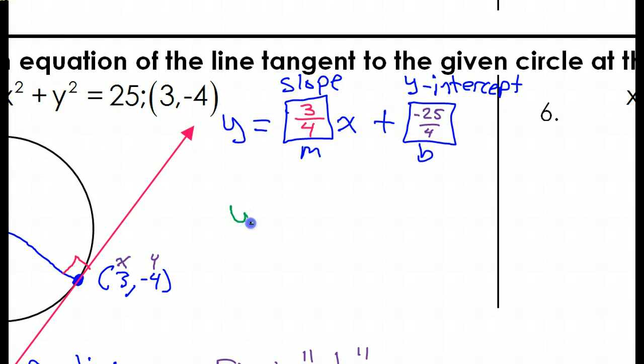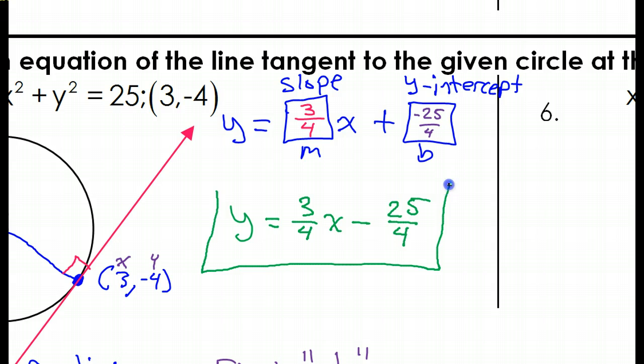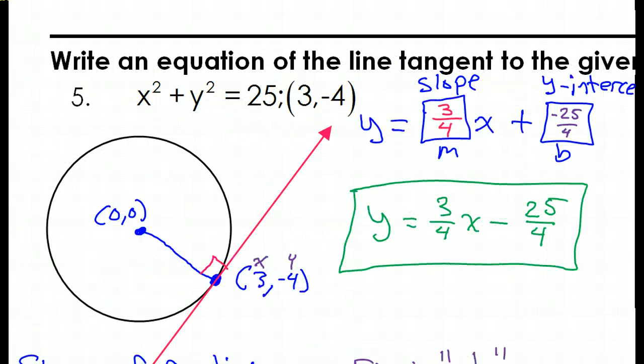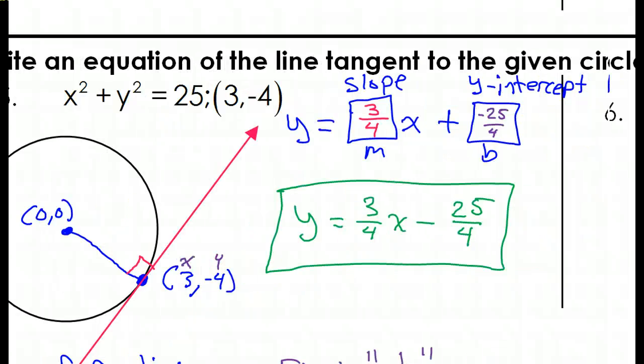So the final answer will be y equals 3/4 x, and we don't do plus minus, so we'll just put minus 25/4. Okay, and that should be the equation of our tangent line. Okay, so that was number 5. All right, let's do number 6.